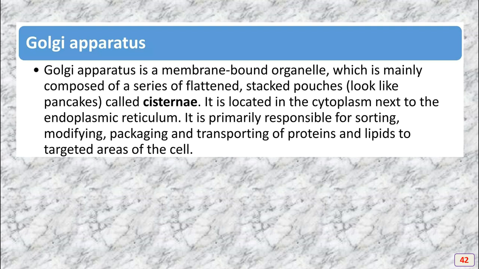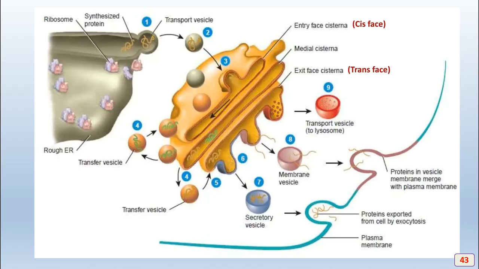Inside the cytoplasm, it is primarily responsible for sorting, modifying, packaging, and transportation. Here another cell is given in which we can see the rough endoplasmic reticulum, whereas the ribosomes are the ones which assist here and there.